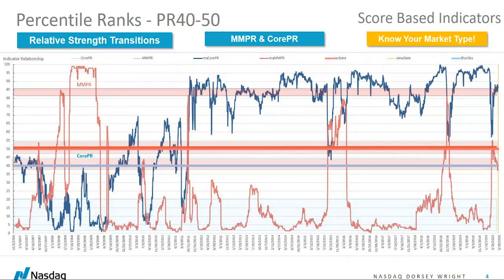Now, starting from the left of this chart, as we click through, we can see that in the 2008 timeframe, there was a pretty massive money market signal high, and the core fell apart, well below the 40 line, which is the blue line on the graph, and then spent some time at amazingly low levels.